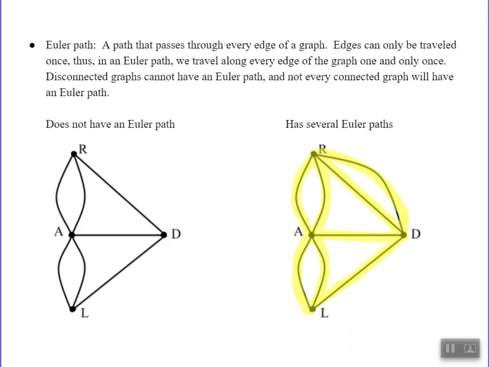I traveled every edge exactly once. So for that one, I started at A, ended at L, and when I started, I went this way. Well, let's see if I can create another Euler path starting at A. Again, I have a different Euler path.